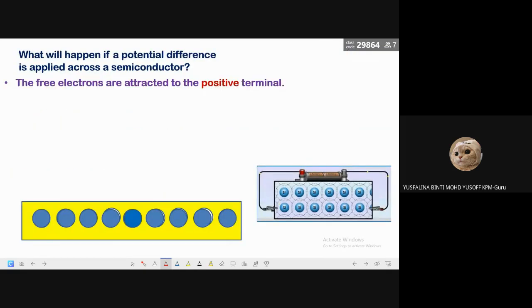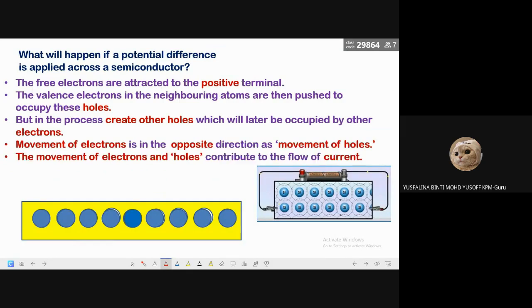What will happen if a potential difference is applied across a semiconductor? Two types of semiconductor: silicon, germanium. Then what happens if we apply a potential difference? It means we apply a voltage to it. So what will happen? The free electrons are attracted to the positive terminal.